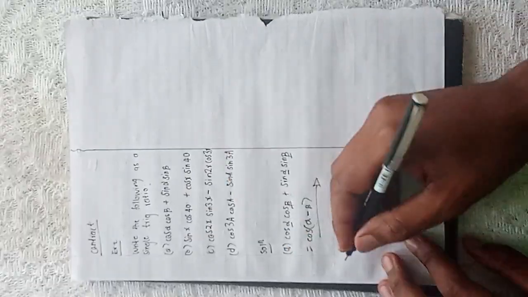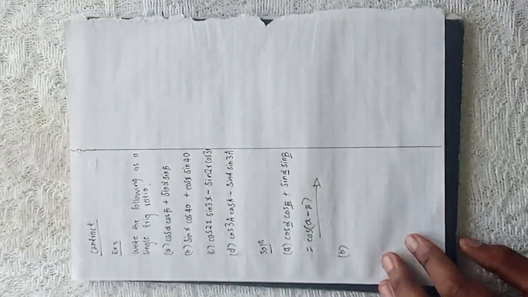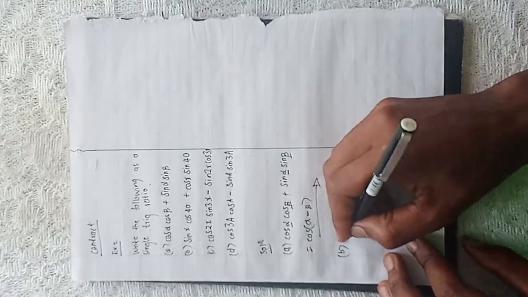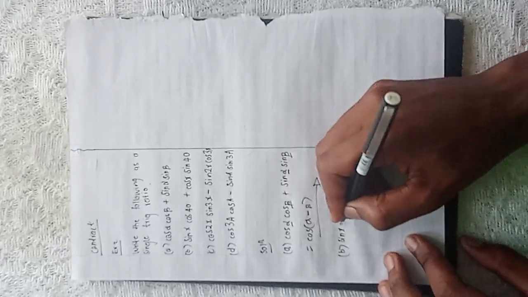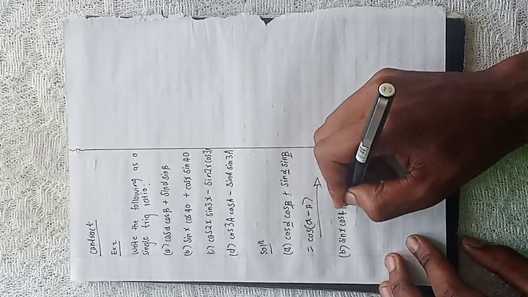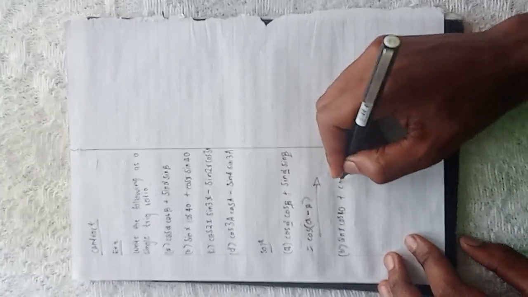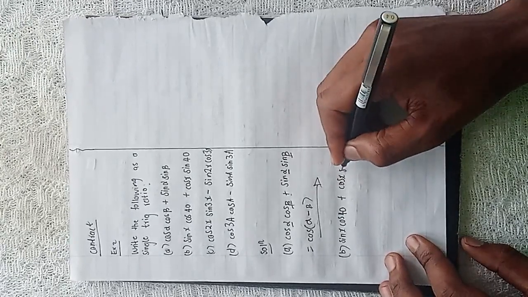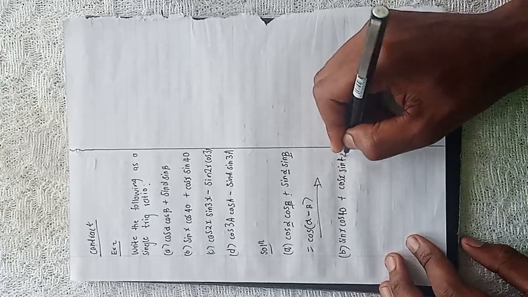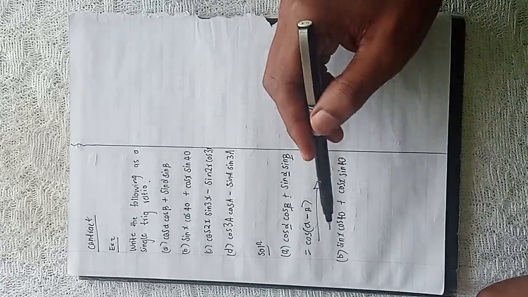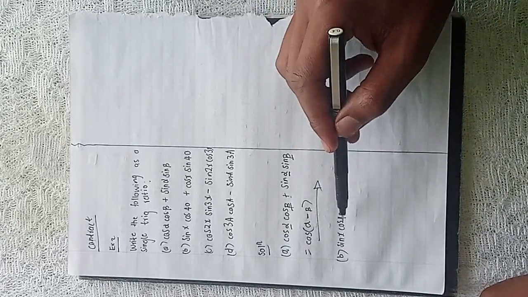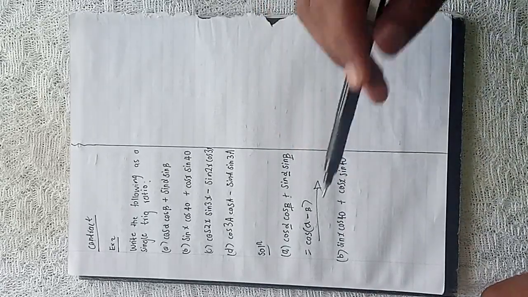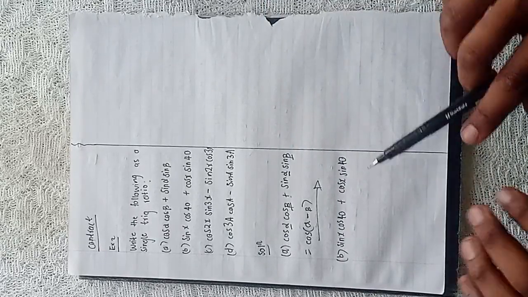All right, so let's look at B. B is we have sine x cos 40 plus cos x sine 40. So I can see I have sine cos, I have cos sine, and I have a compound angle similar to this.